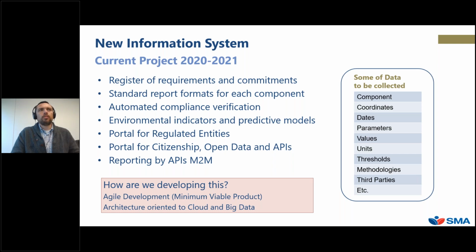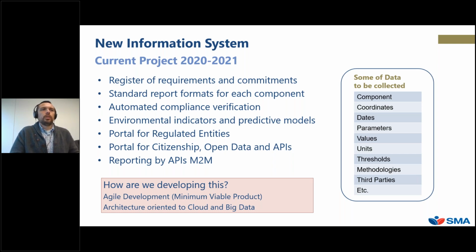Some aspects of our project: we are including the register of requirements and commitments. Companies have to do that. Standardized report formats for each component, automated compliance verification. If we have the two registers and standardized report formats, we can automate all the process.